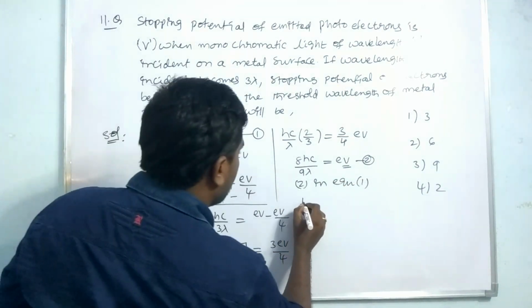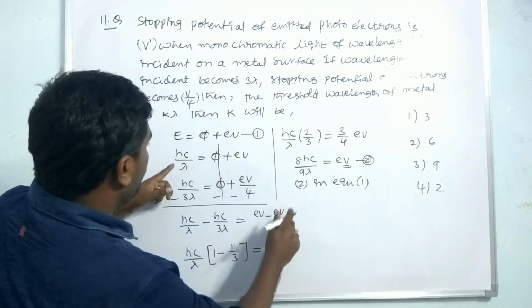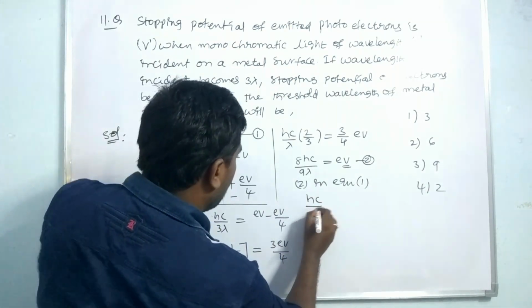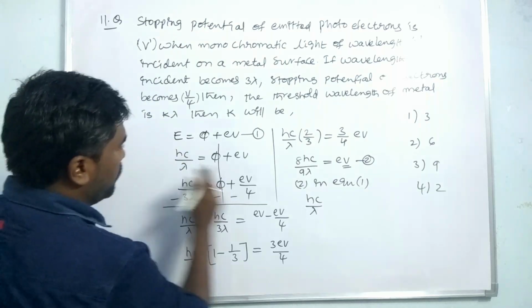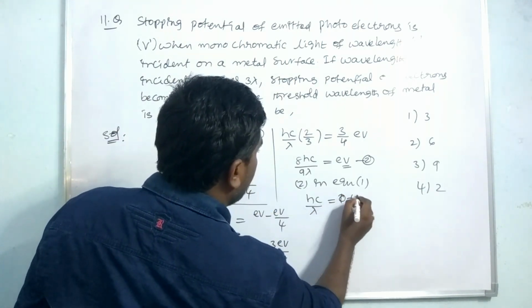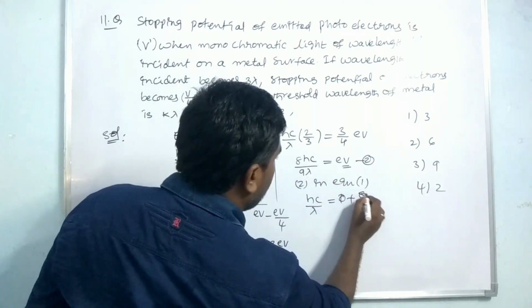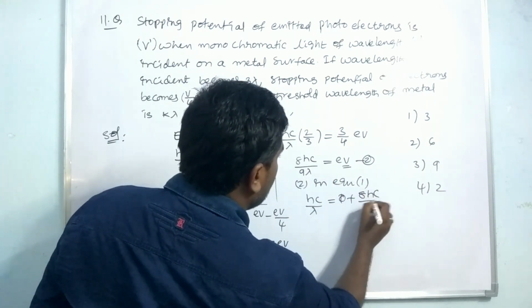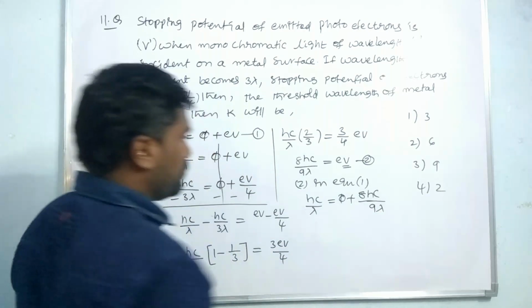Equation 1 is hc by lambda equal to phi plus eV, and eV means 8 hc by 9 lambda.